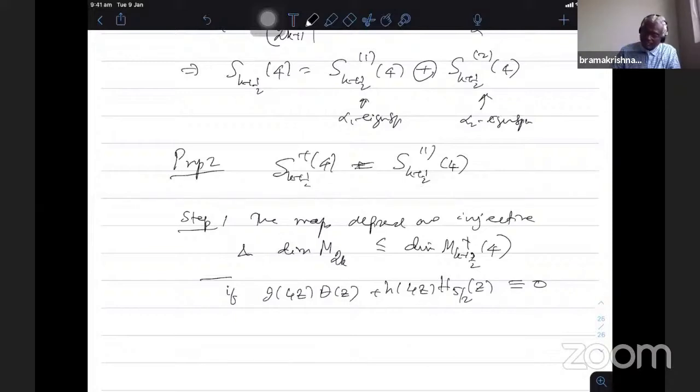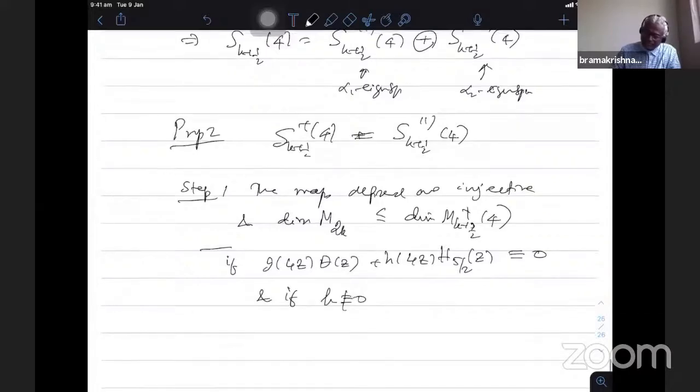So assume that H is not 0. If H is not identical to 0, then one can divide by H. This implies I have G by H of 4 is Z equal to minus H, I take input the cell, minus theta of Z by H 5 by 2 of Z. Am I right or wrong?